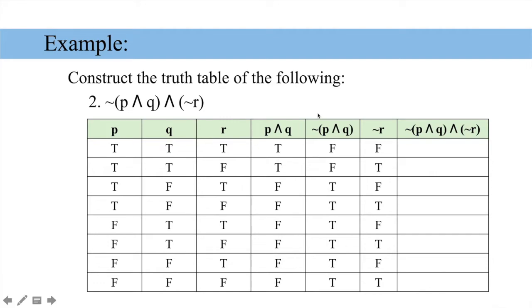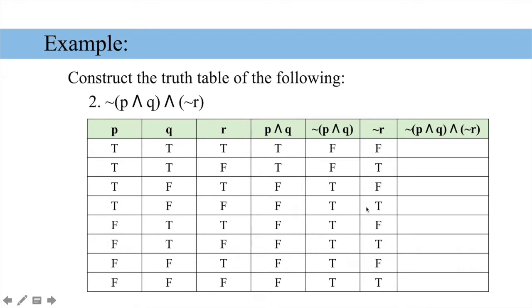Now, since we have the negation of P and Q and the negation of R, we AND them here. The resulting sentence is only true if the two constituent sentences are true.